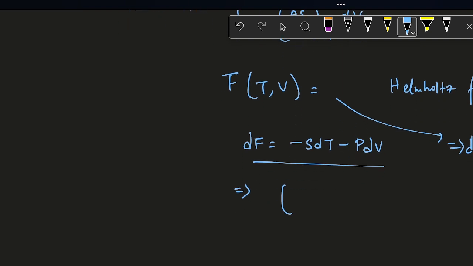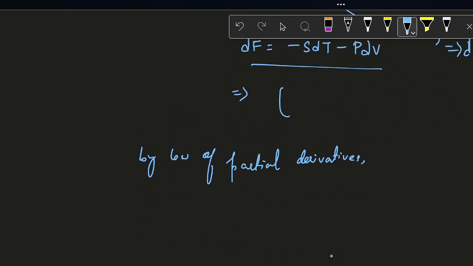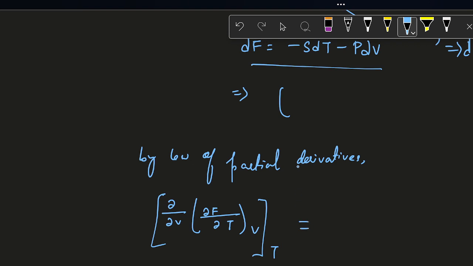Okay, and by the law of partial derivatives, you get that if you take the derivative like this, first you take the derivative with respect to volume, and then within that you take the derivative with respect to temperature. Initially the volume is fixed, then on the second derivative the temperature is fixed. Then by the law of partial derivative, because F is a function of both T and V, you can just change the order of the derivative.